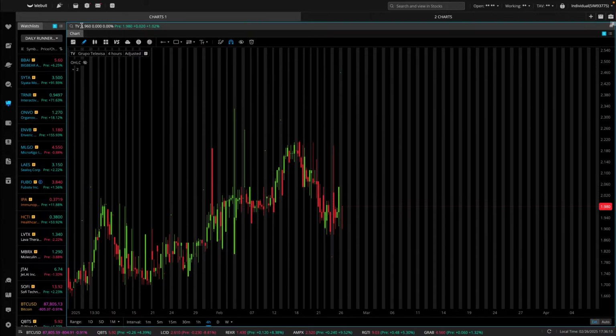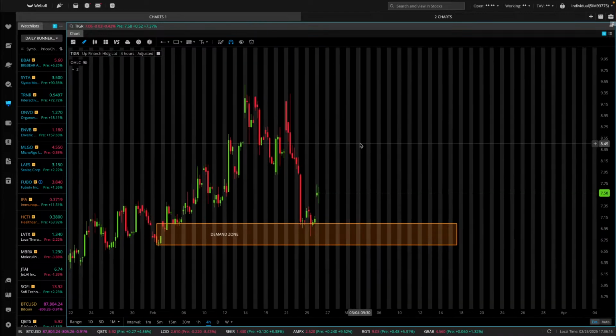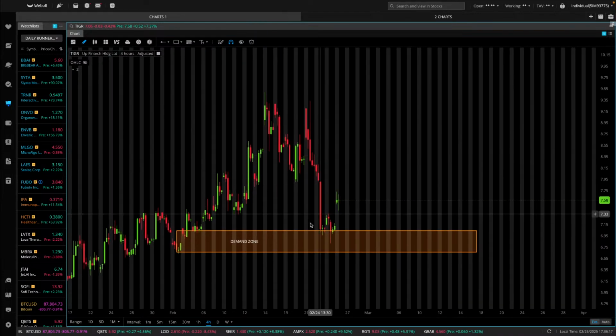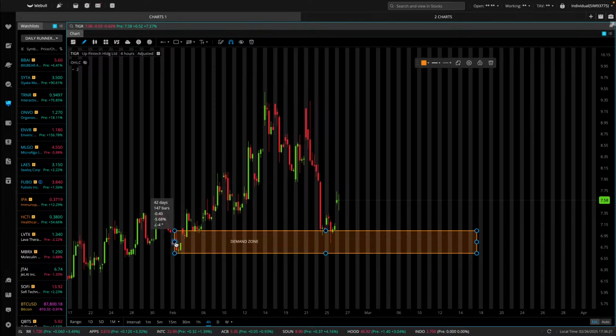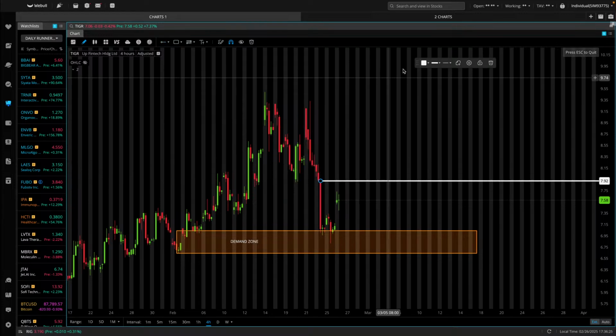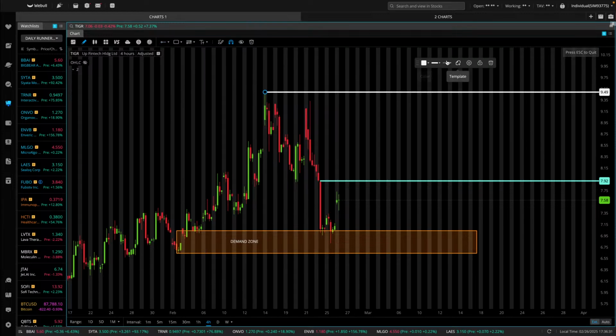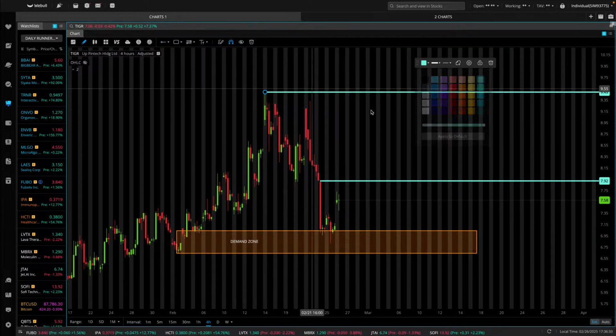Tiger. Fintech. It's up 7%. It's respecting this demand zone very well, which is a good sign. However, I'll just mark the next key levels for you quickly. 792. Then you have here all the way at 950, 949, sorry.